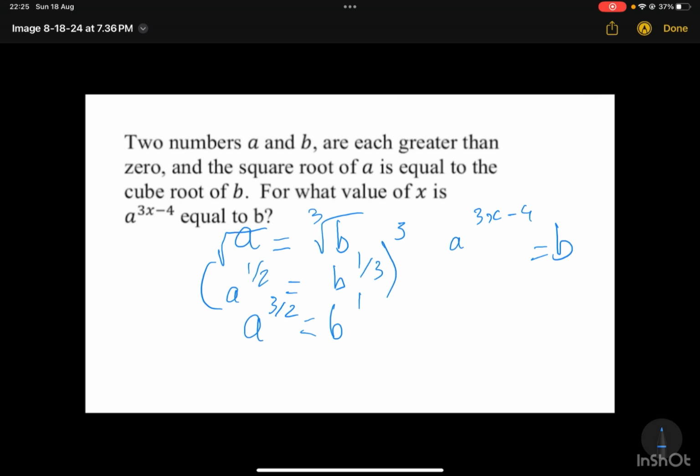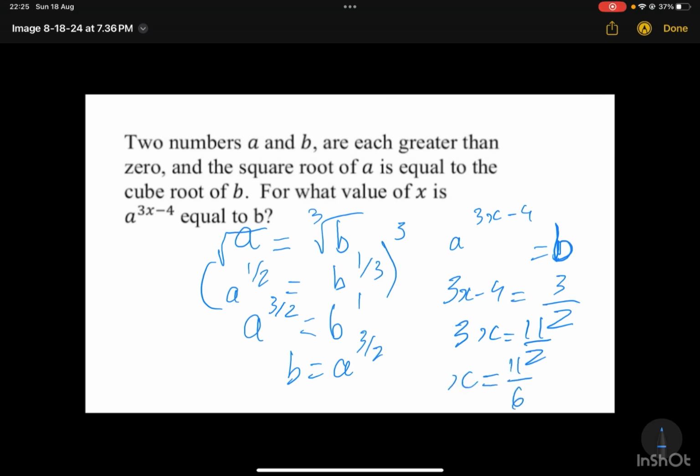So b equals a to the power of 3/2, which means that when b equals a to the power of 3x - 4, 3x - 4 is going to be 3/2. So 3x is going to be 11/2. So x will be equal to 11/6. So that's going to be the answer for x.